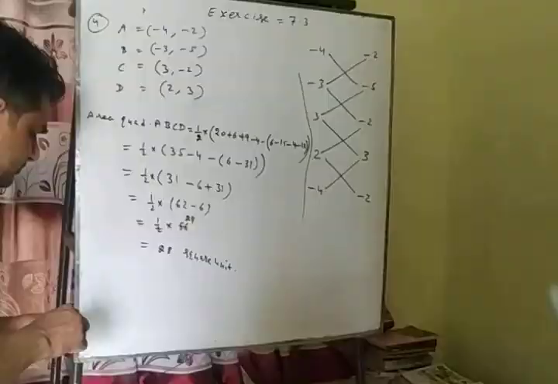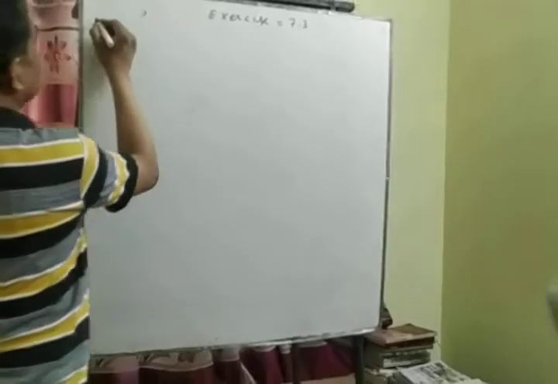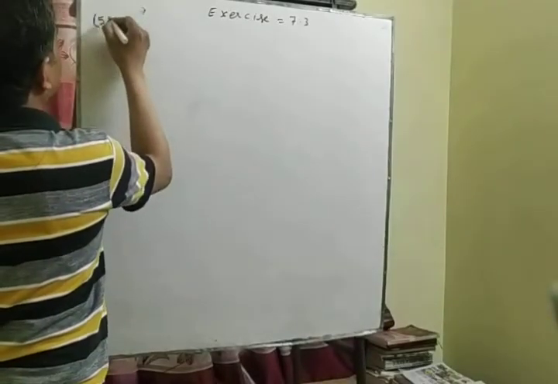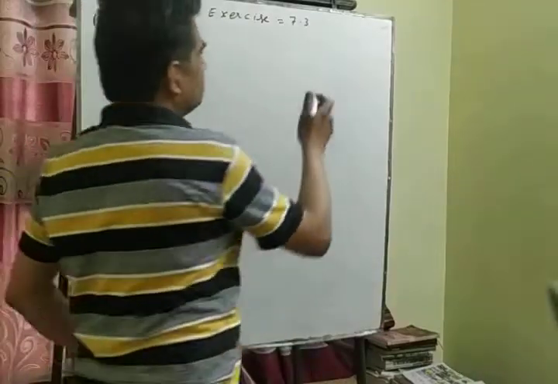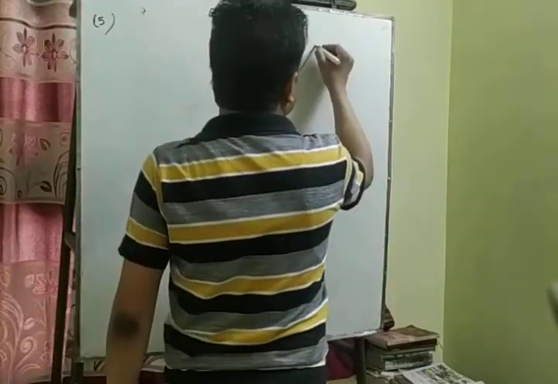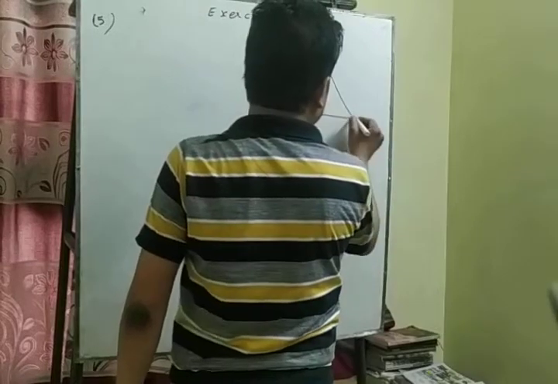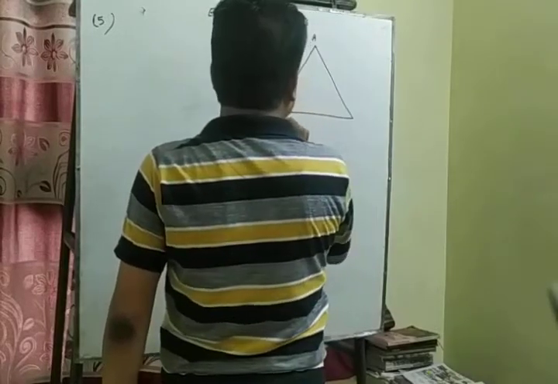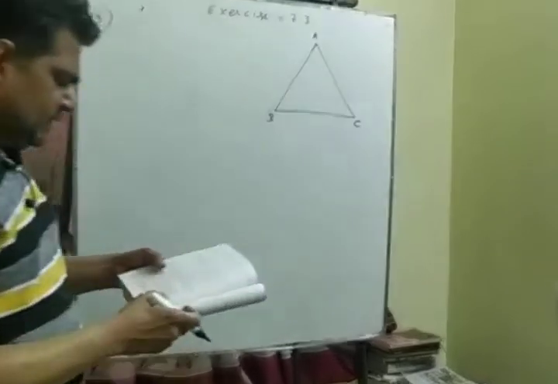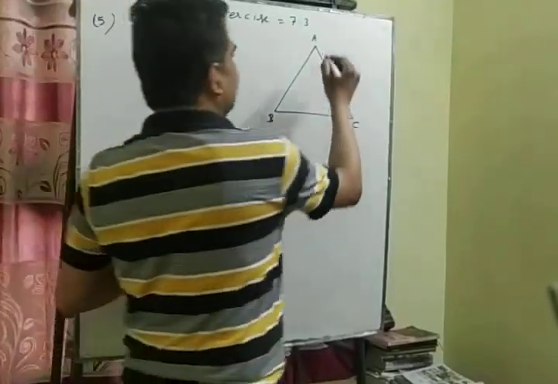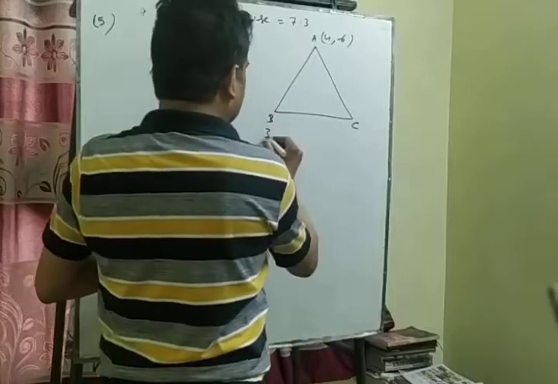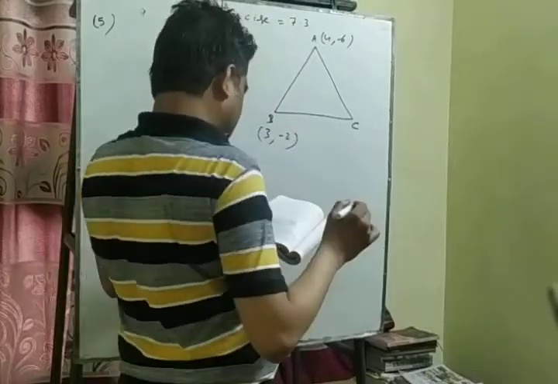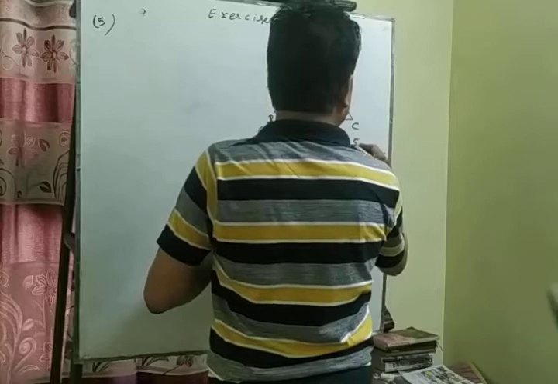Now next sum number 5. We have a triangle ABC. A is 4 minus 6, B is 3 minus 2, C is 5 2.